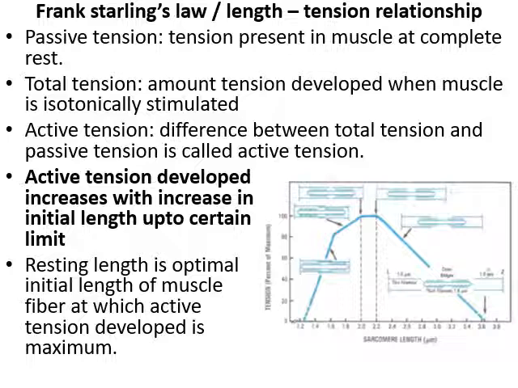It was found that with the increase in initial length, there was an increase in tension up to certain limits, and then the tension developed in the muscle was falling as the initial length of the sarcomere increased beyond certain limits. Henceforth, Otto Frank and E.H. Starling proposed a law that active tension developed, the force of contraction, is directly proportional to the initial length of the muscle within physiological limits.